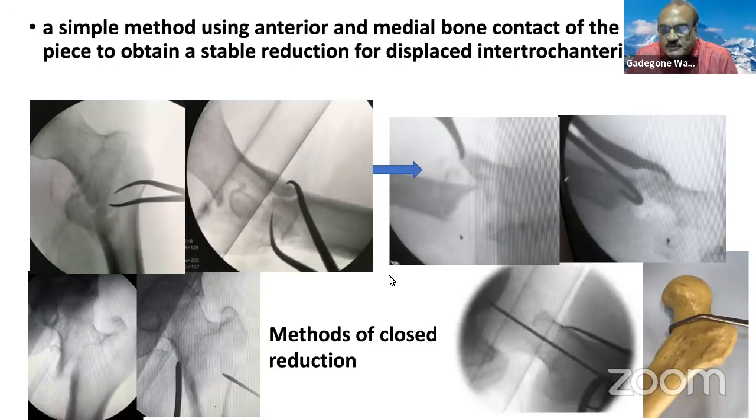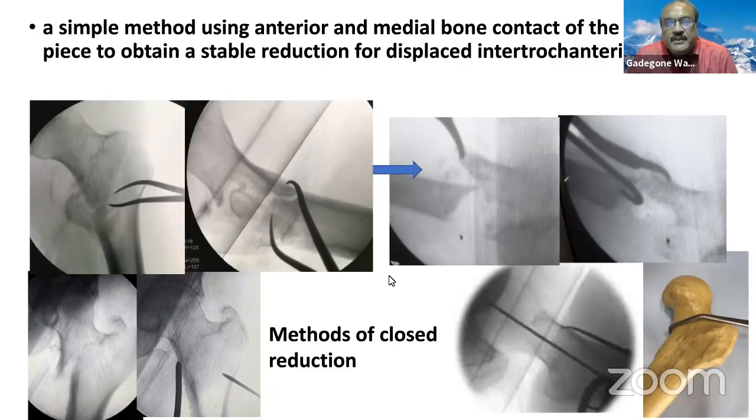So as far as possible, try to reduce by closed means with various apparatus. And if you are not able to do it, give a small incision, see the medial and anterior wall, reduce it and do a temporary fixation, and then you go for nailing.